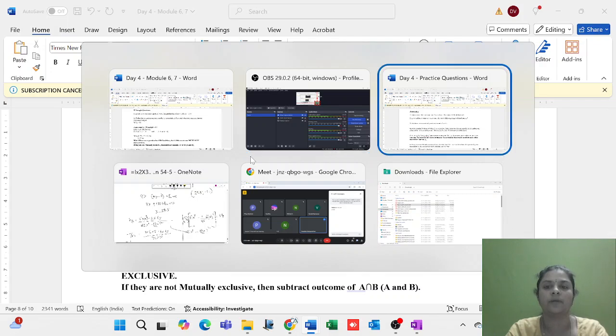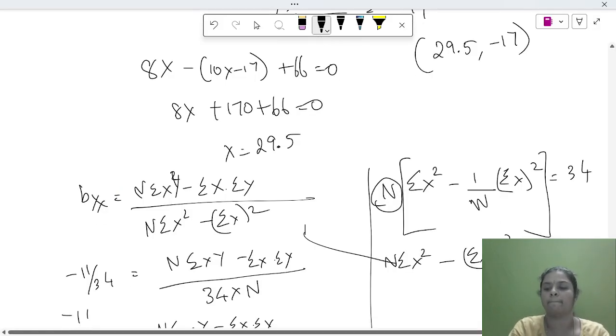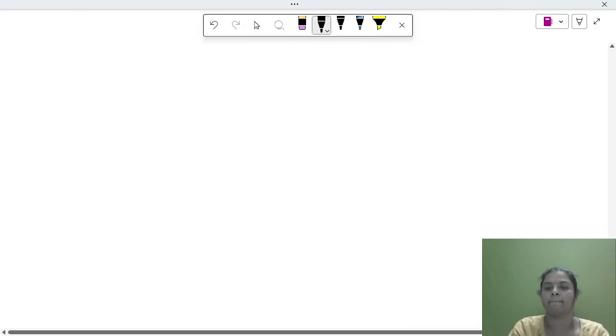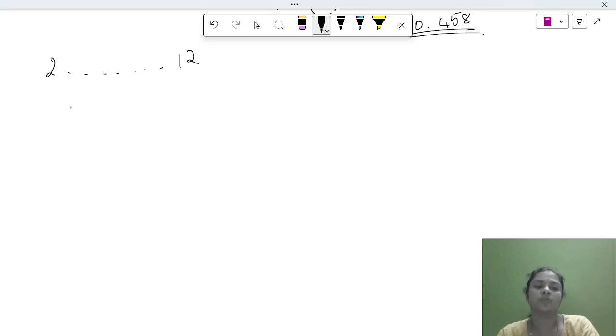Let us work it out. When I throw 2 dice, the total will start from 2 and the maximum total you can get is 12. The prime numbers are 2, 3, 5, 6 is not prime, 7 is prime, 9 is not prime, 11 is prime.